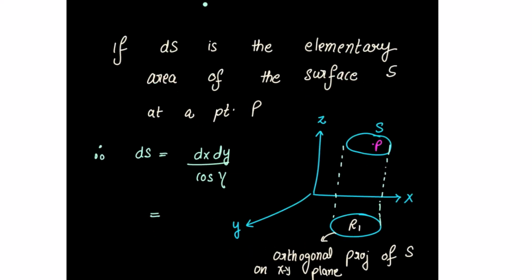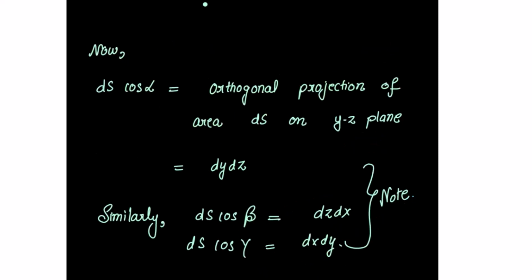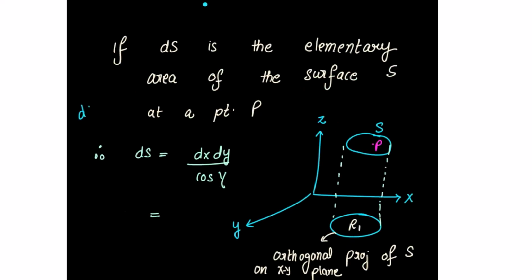Now, if dS is the elementary area of the surface S at a point P, then dS cos gamma is equal to dx dy, as the projection is on the xy plane. So taking dS cos gamma equal to dx dy, from here, what is dS? It is dx dy divided by cos gamma.